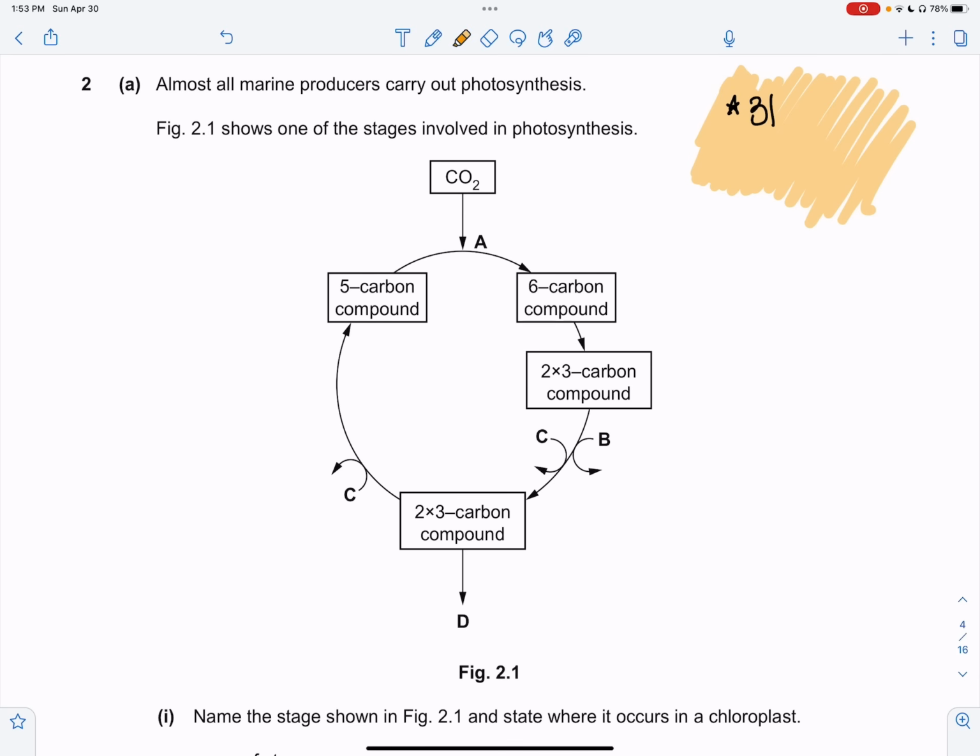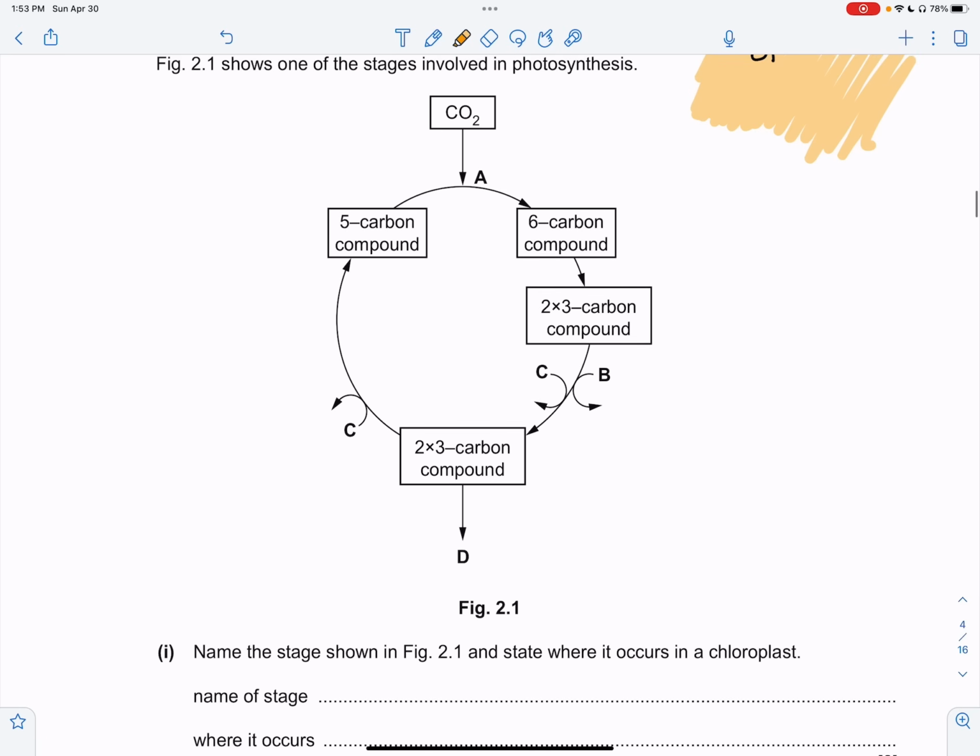Okay. Here's one of the stages involving photosynthesis. And so this is the Calvin cycle, and this is happening in the stroma. And the Calvin cycle, just for myself, I refer to it as the C cycle. And I'll show you why.